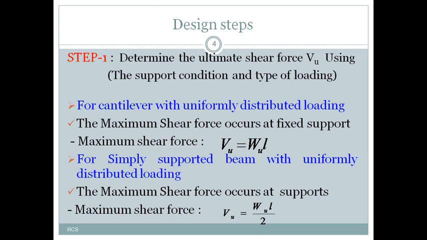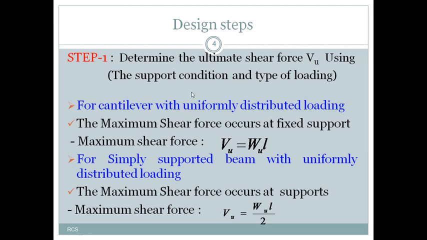What is small d here? Small d is the effective depth of the beam. That means the critical section will be taken at a distance equal to the effective depth of the beam from the support. At that particular section we have to calculate the ultimate shear force. That is the criterion when we are designing a particular beam practically.